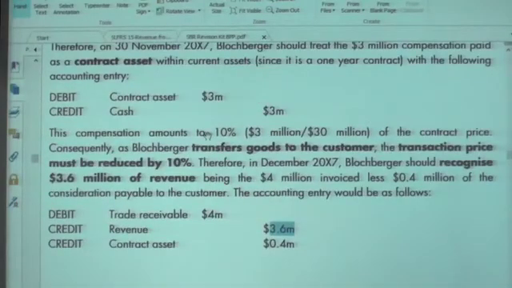Paragraph 48E: the consideration shall be reduced from the sales price.